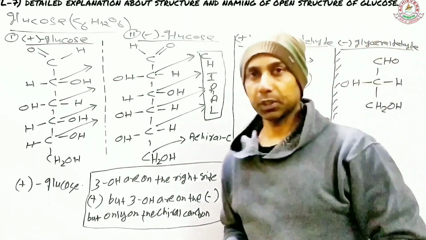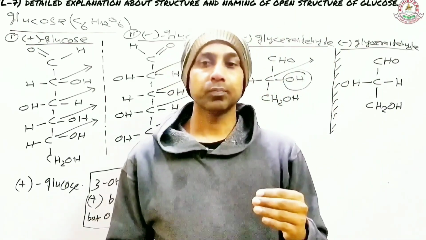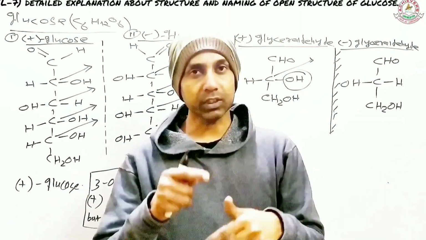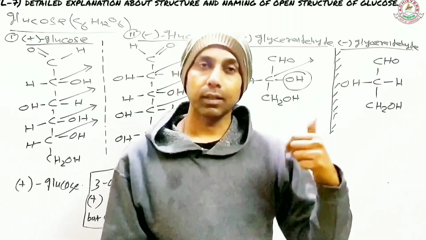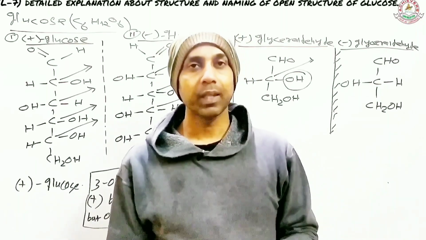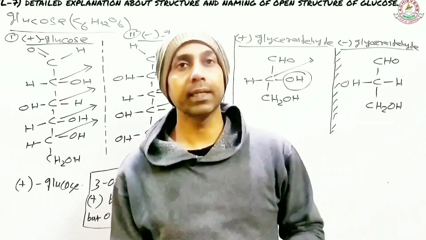Now get back to the very important part here. All the compounds with 6 or more carbons which have structural similarity with the dextrorotatory glyceraldehyde are assigned a capital D before their name.